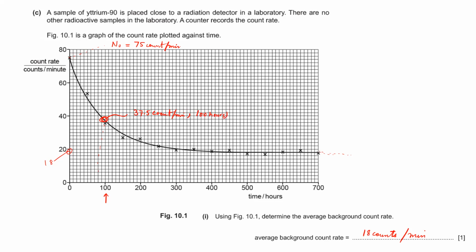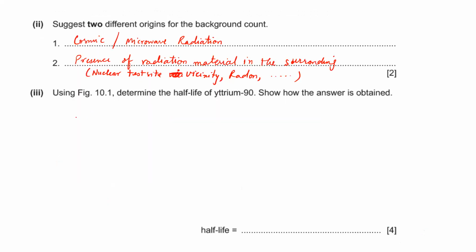There are two values, so we use these two values. Initial N naught is 75 counts per minute, and after time t we have 37.5 counts per minute, and time here is 100 hours.